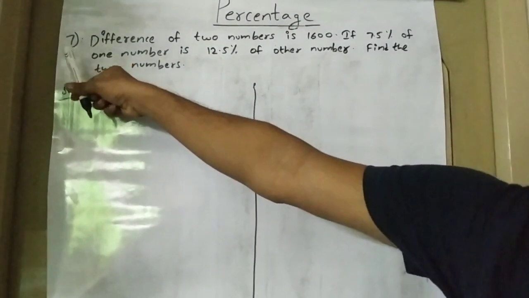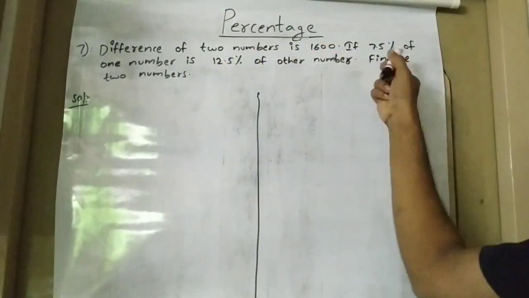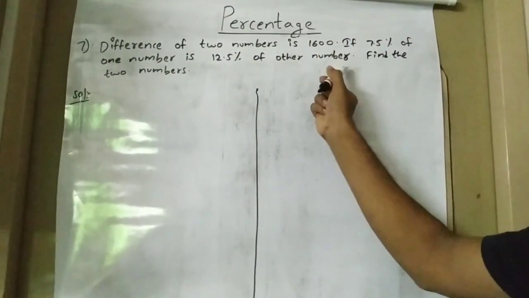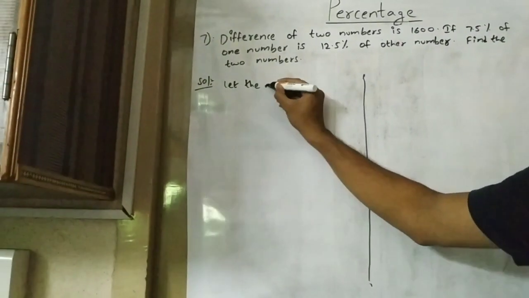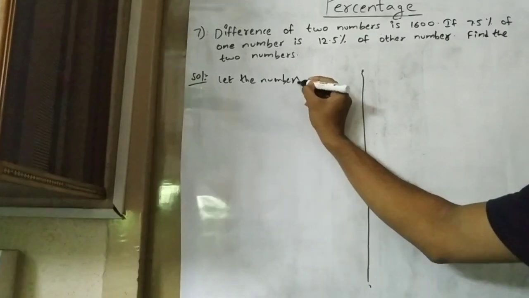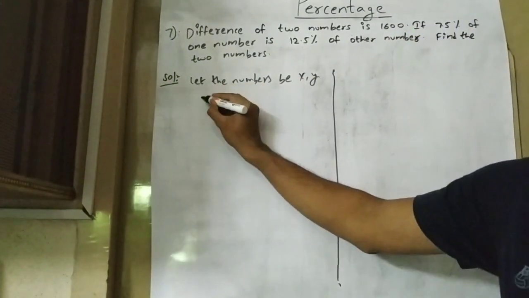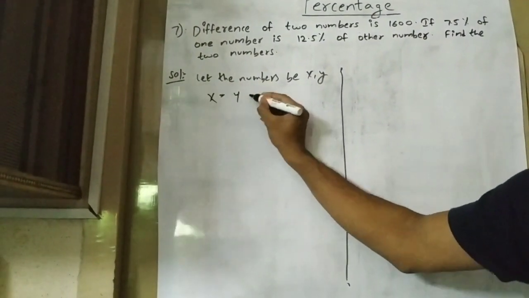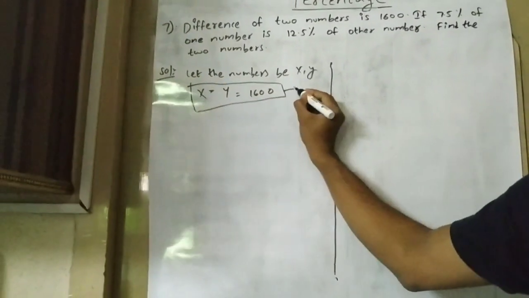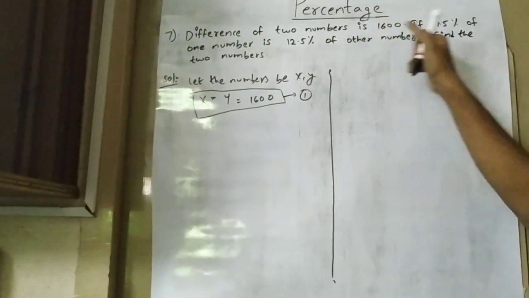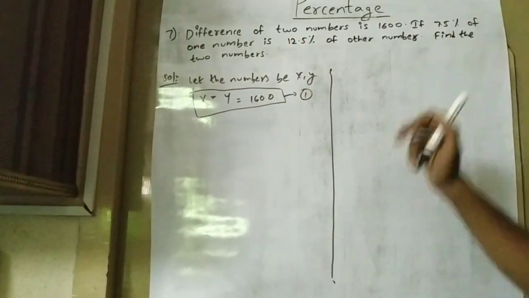Okay. So in the 7th question, it is given as the difference of two numbers is 1600, and if 7.5% of one number is 12.5% of the other number, find the two numbers. Let the numbers be x, y. So the difference of two numbers is 1600. So x minus y is equal to 1600. Let it be equation 1. And in the second point they have given that 7.5% of one number is 12.5% of the other number.